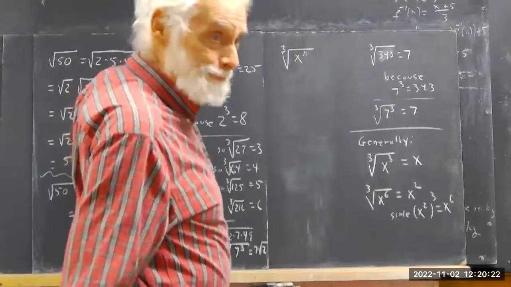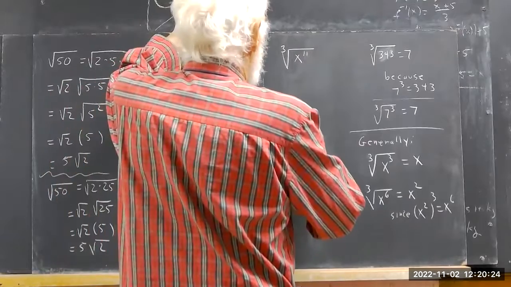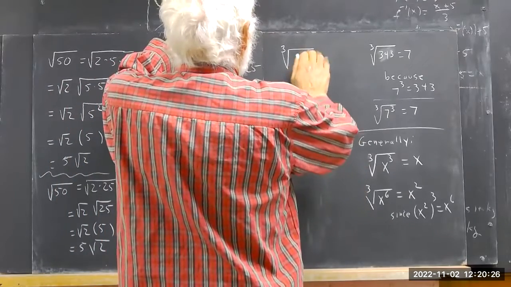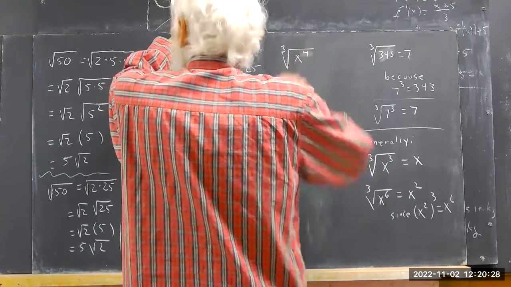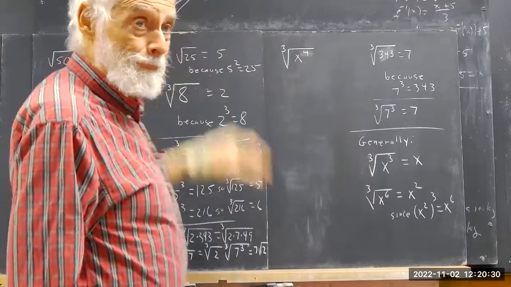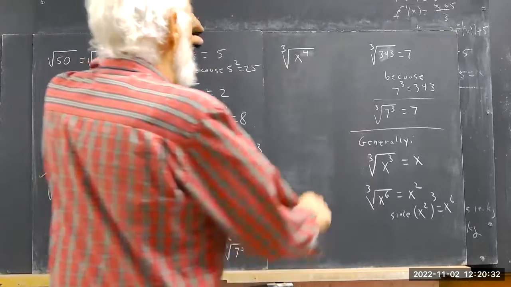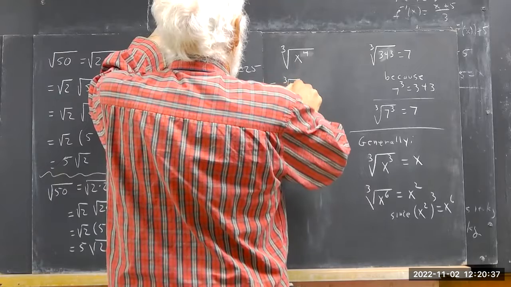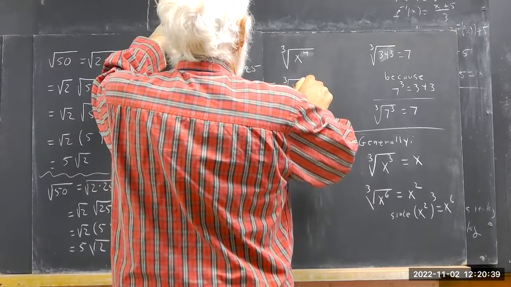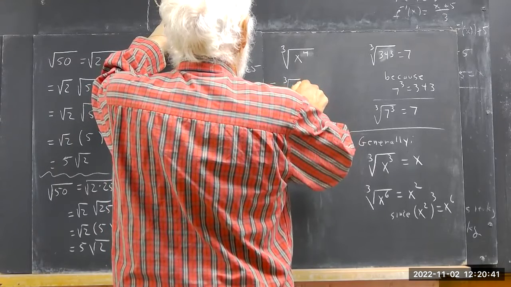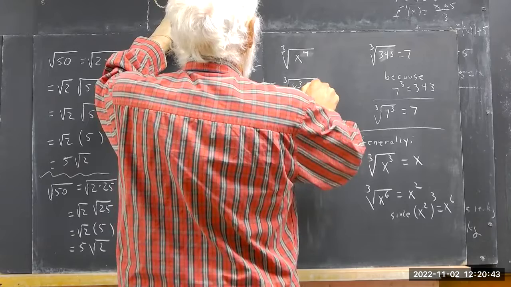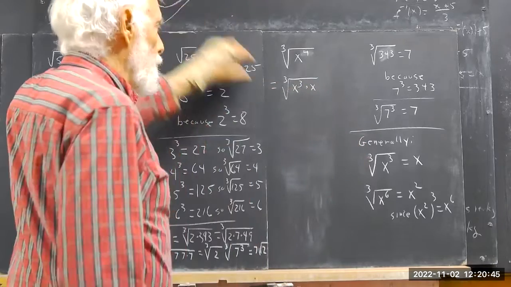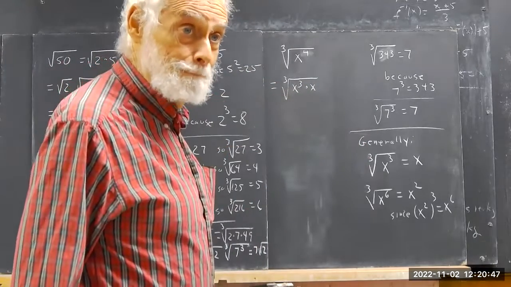Well, actually, let me make it the cube root of x to the 4th. Well, x to the 4th is x cubed times x, isn't it?